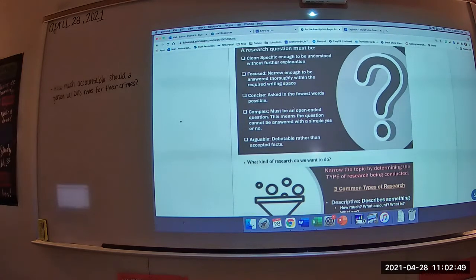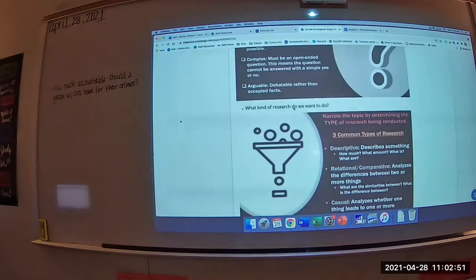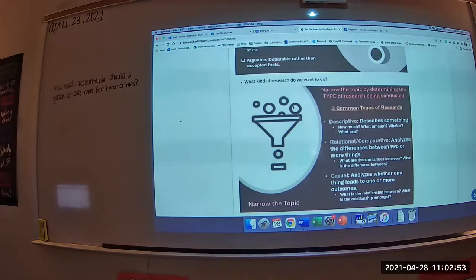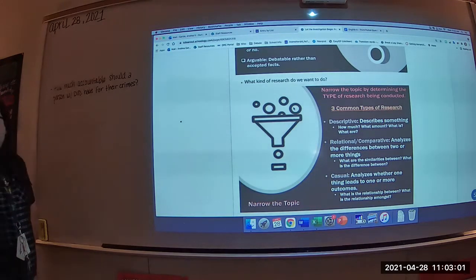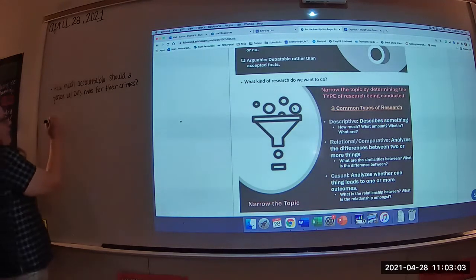What were the ones for the cause? Okay, so let's look at the causal one. The causal is what is the relationship between, or relationship among? And so we could use a stem, right?